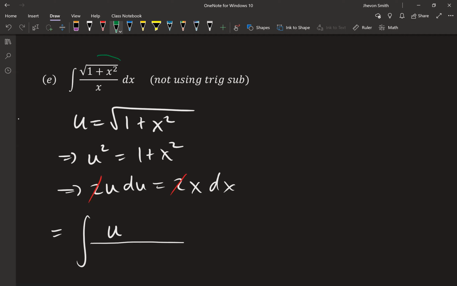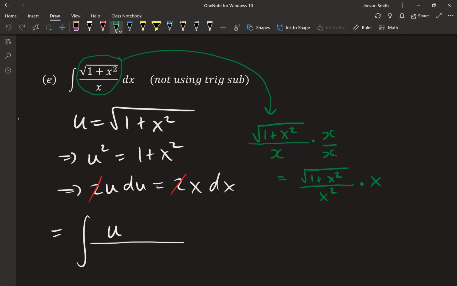Realize here that this guy is actually the radical of 1 plus x squared over x, but then I can multiply by x over x. And so this will actually be the radical of 1 plus x squared over x squared times x, right?